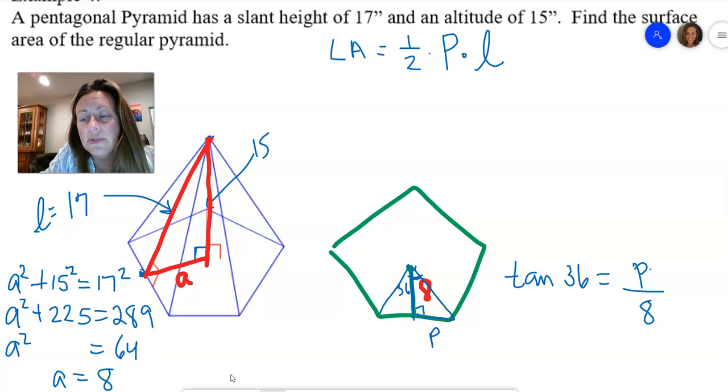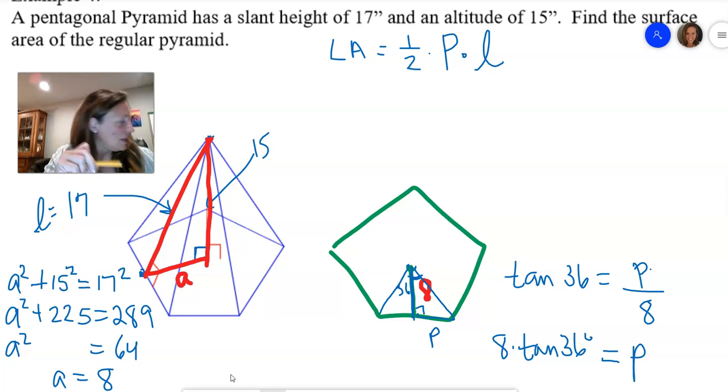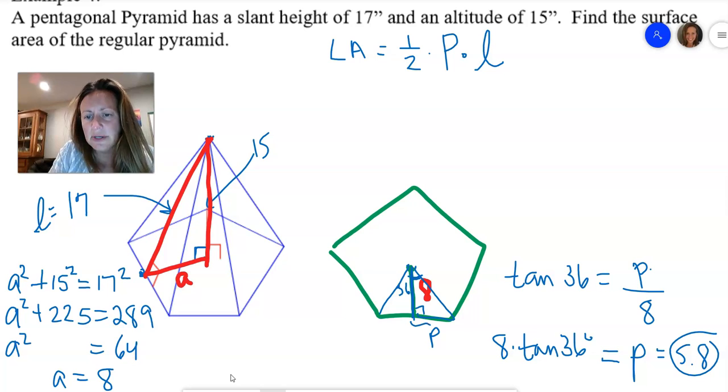So all I need to do is multiply both sides by 8 to get P by itself. So 8 times the tan of 36 degrees, and that's going to be a calculator problem. 8 times the tan of 36 is 5.8. Okay, that's just this part right here, 5.8.